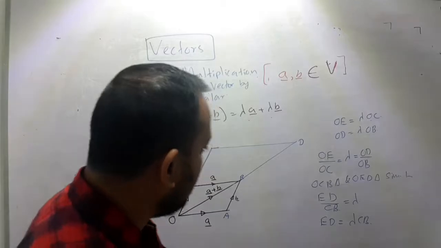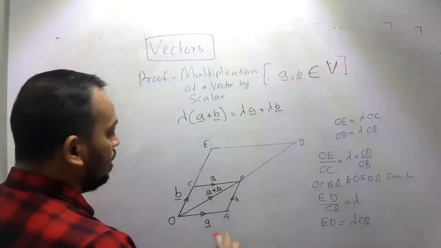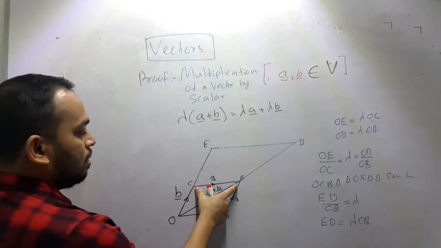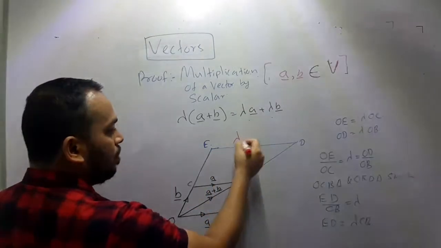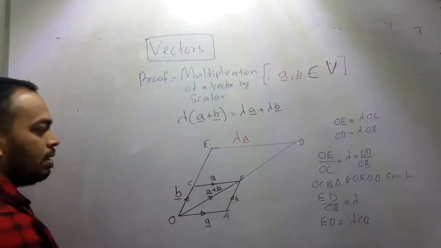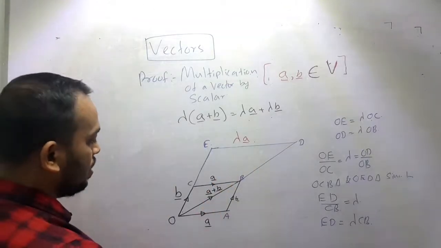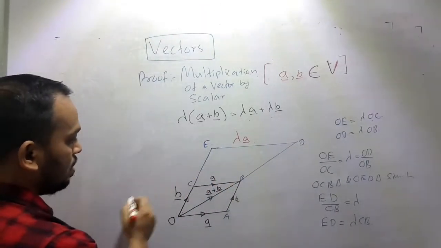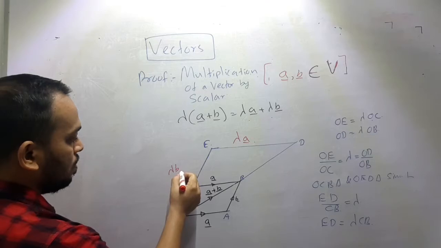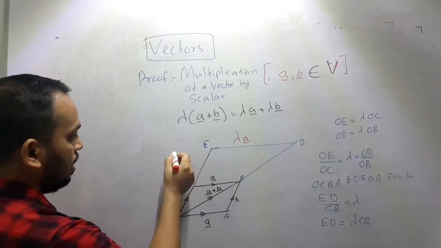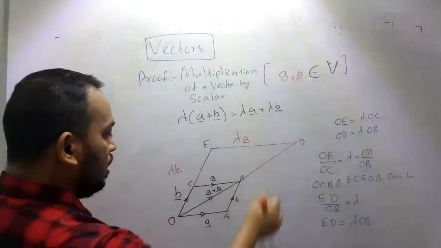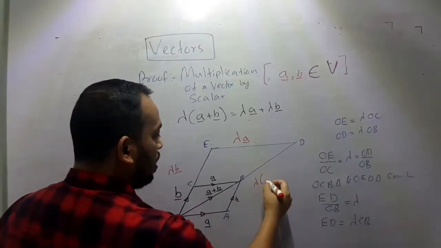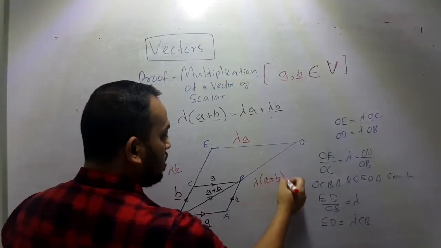So if the ED length is lambda times CB, and this vector is A, then ED must be lambda times A, right? So based on the construction, OE must be lambda times B. OE must be lambda times B. Then OD must be lambda times (A plus B).